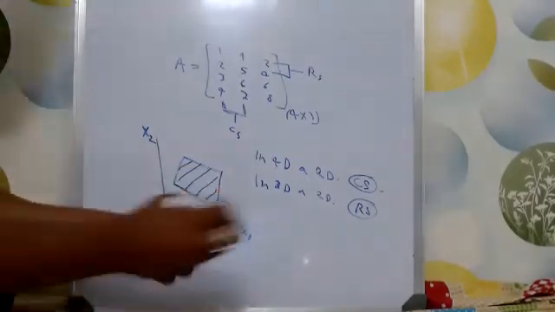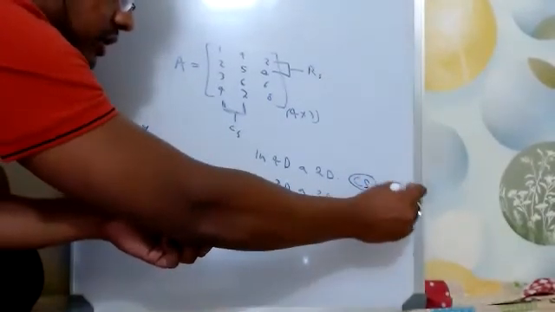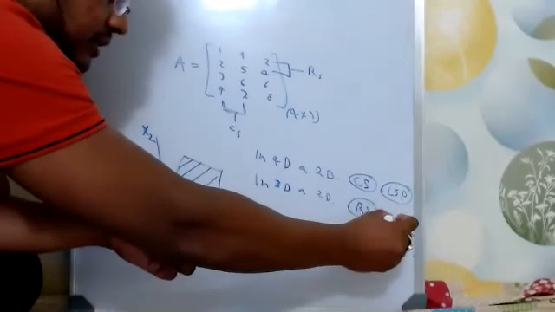So the left null space will be similar, and here is the null space.